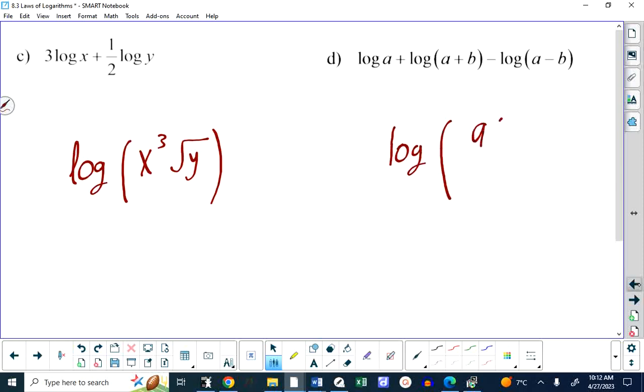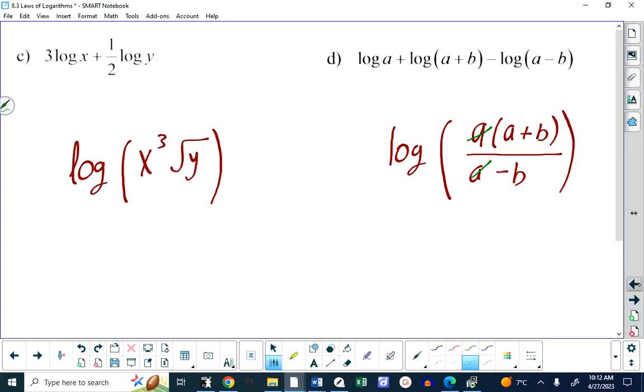It's going to be a on the top, a plus b on the top, a minus b on the bottom. And that's it. But I'm finishing with this example to try to keep us grounded in our rules in algebra. Why am I not allowed to do something like that?